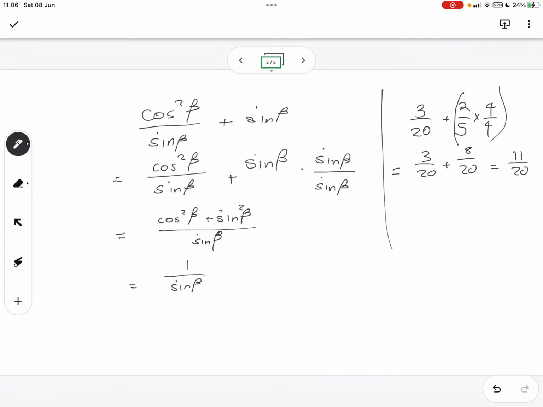Another question could say, prove that this can equal 1 over sine beta. But the point is, same tricks from grade 9, how to add and subtract fractions. You also apply them in grade 11 trig, which counts for a lot of marks in grade 12 trig, by the way.